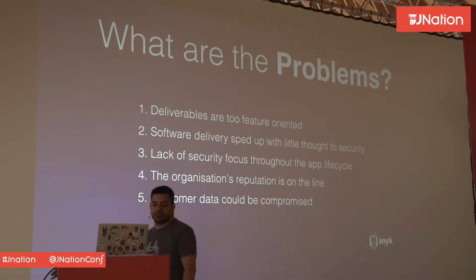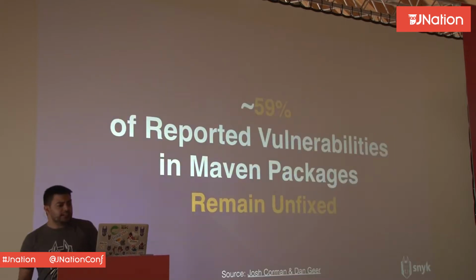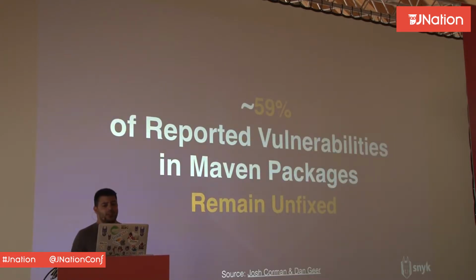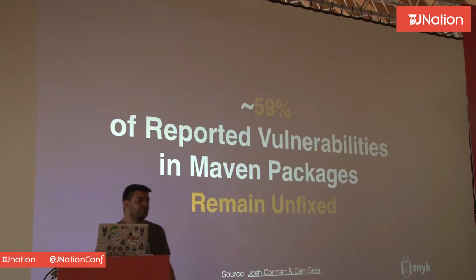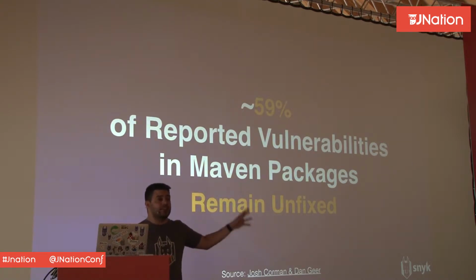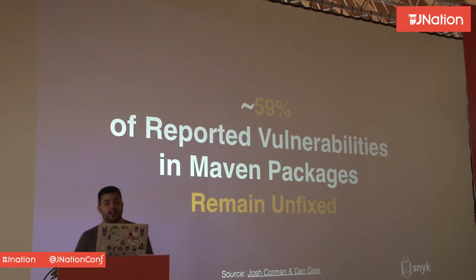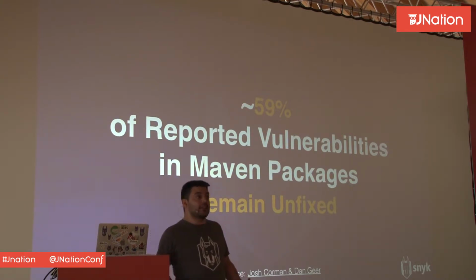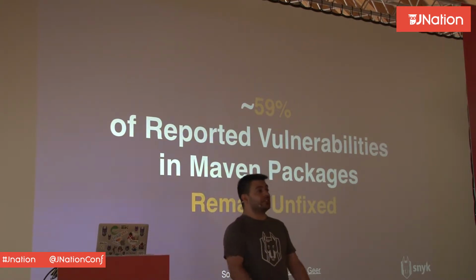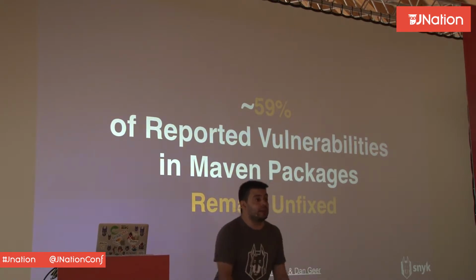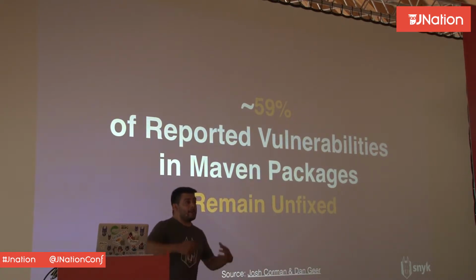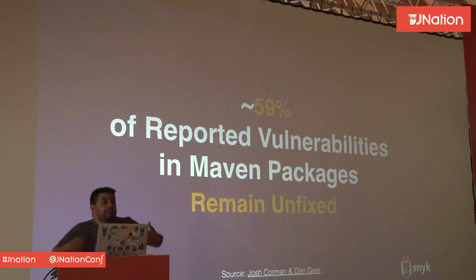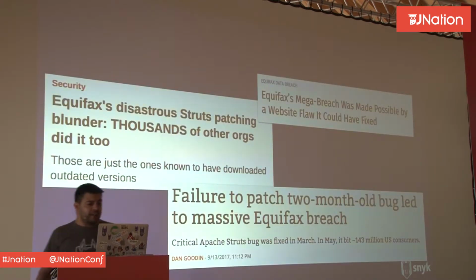This is the information which is at risk. So we look at how bad the situation is. Well, almost 60%, almost 2/3 of Maven packages that have been indexed in Maven Central have remained unfixed when known vulnerabilities exist. So very often, even when people are made aware of known vulnerabilities, typically people don't upgrade, typically people don't fix. So we do have a problem here.